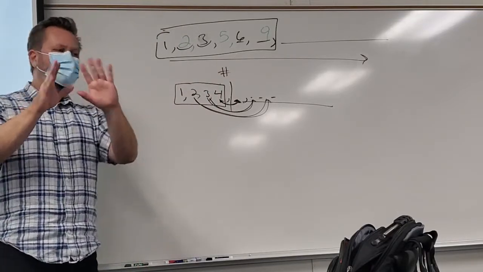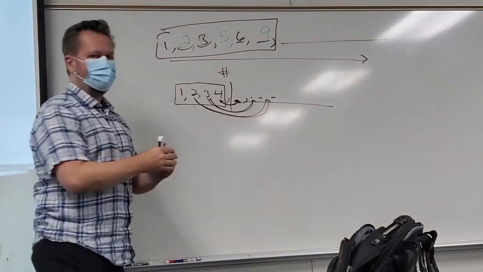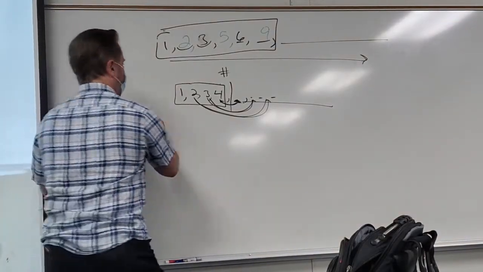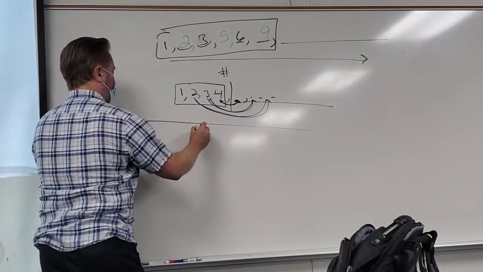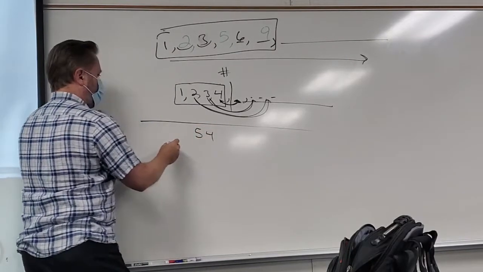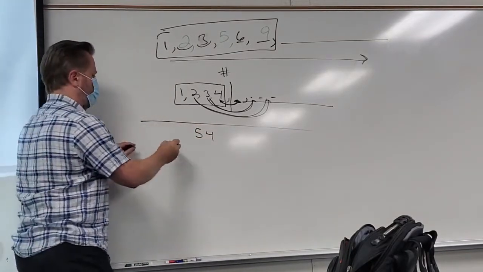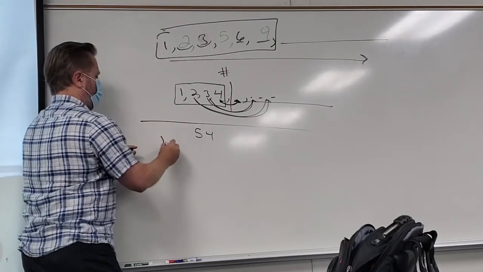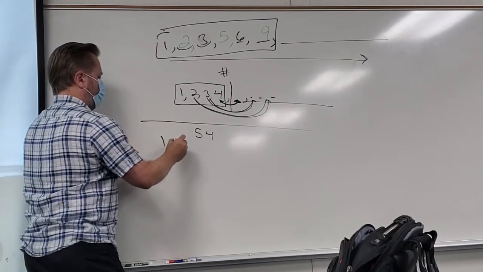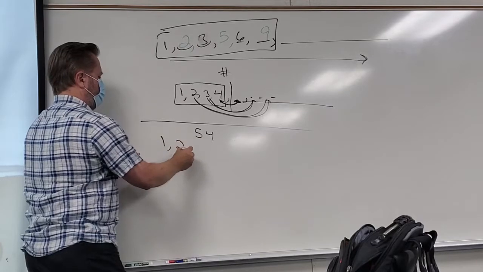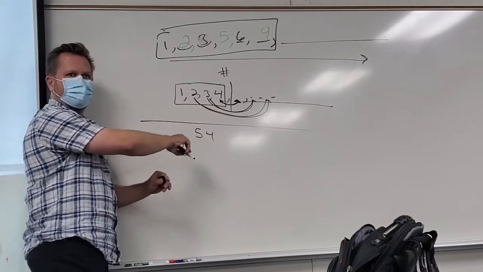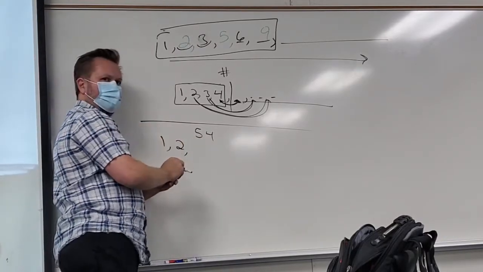Anytime I've got a number and I try to write all the factors, there is a special spot where I'm going to turn around. So 1 goes in, 2 goes in. Does 3 go into this? What's 5 plus 4? 9.